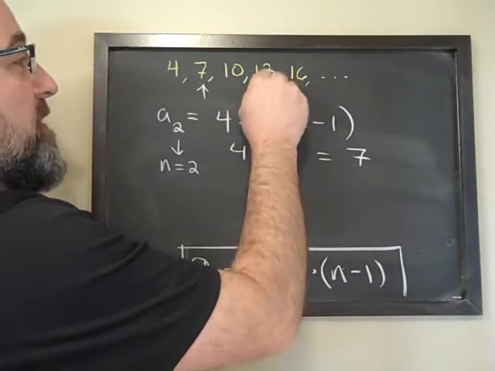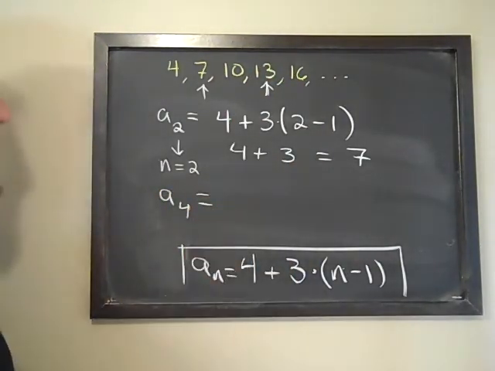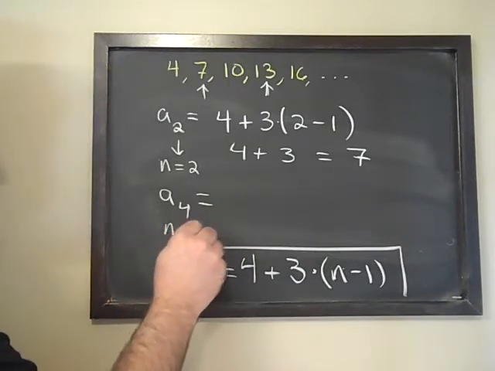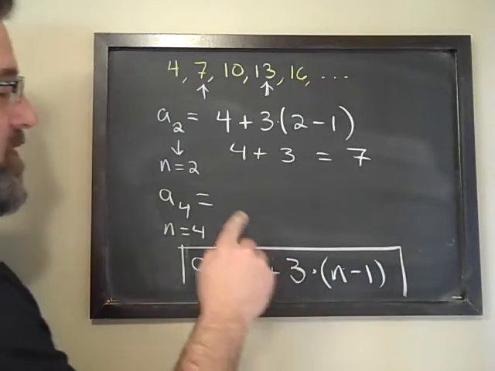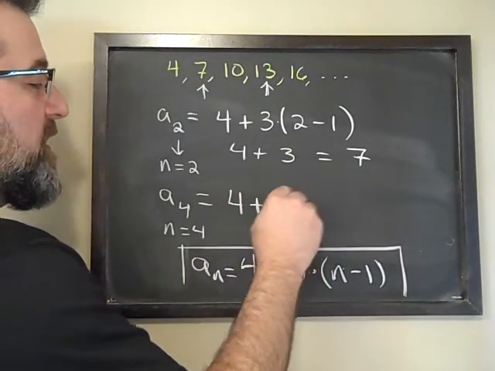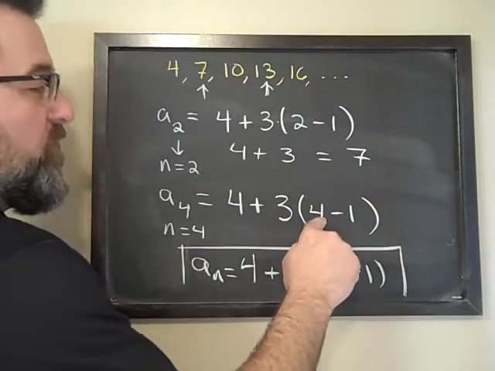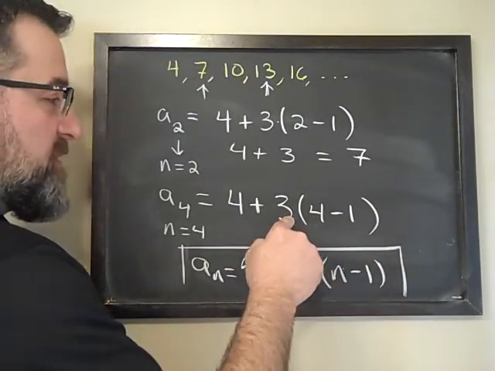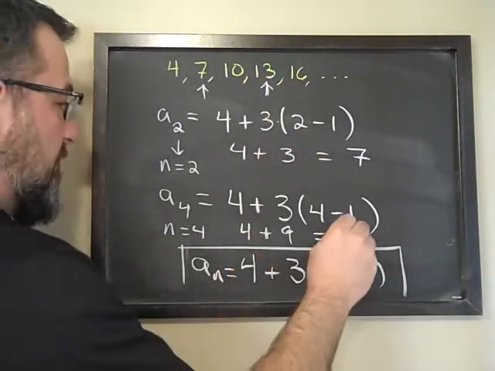Let's see if we get 13 for the fourth term. A sub 4. A sub 4 tells us n is 4. So in this sequence, we're going to let n be 4. So we'll have 4 plus 3 times 4 minus 1. 4 minus 1 is 3. 3 times 3 is 9. 4 plus 9 is 13.